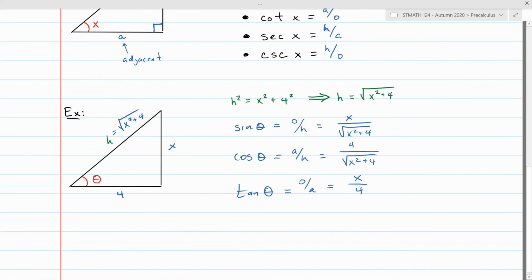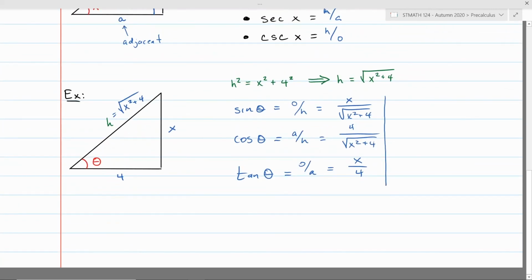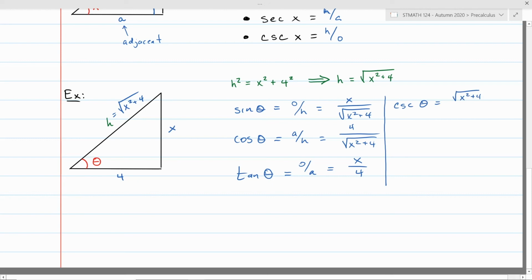And then we could get the other three trig functions just by reciprocating these. So cosecant theta would be square root of x squared plus 4 over x. Secant, being the reciprocal of cosine, would be square root of x squared plus 4 over 4. And cotangent of theta would be 4 over x.